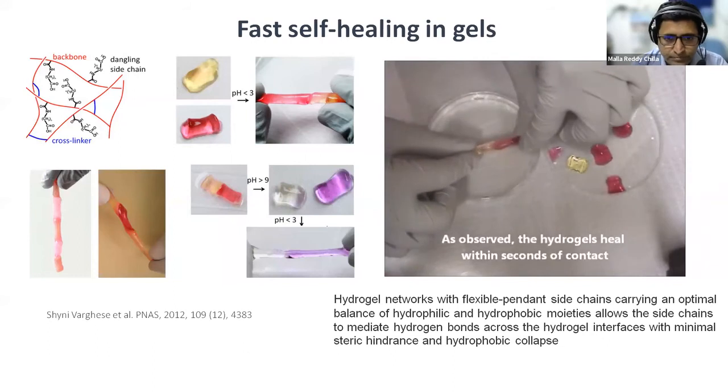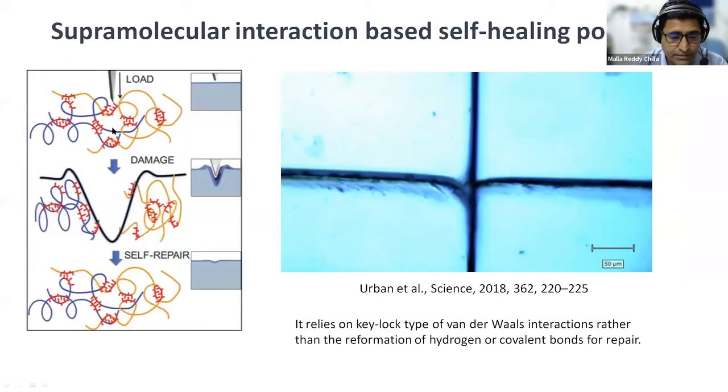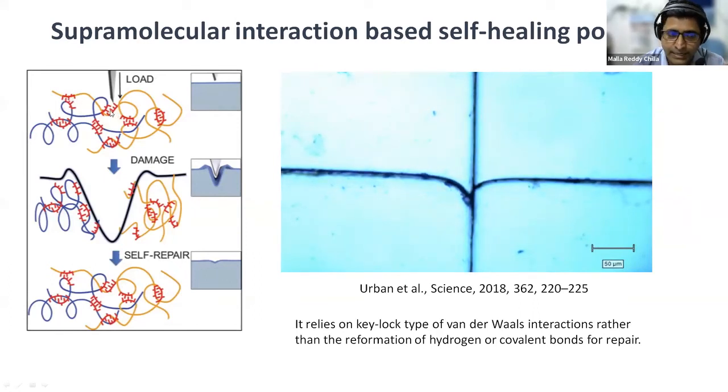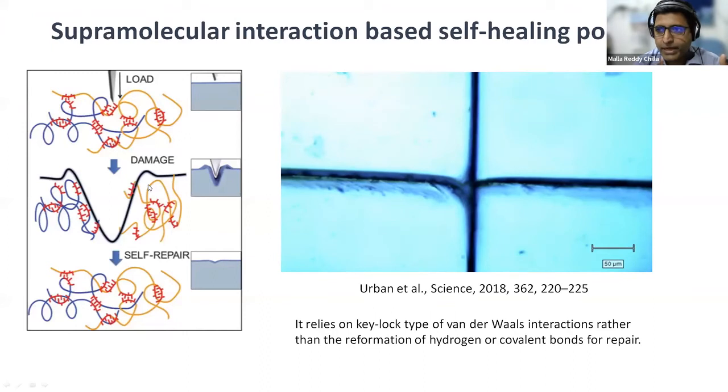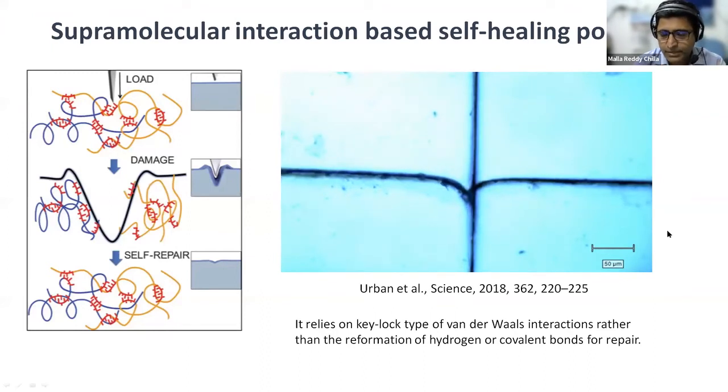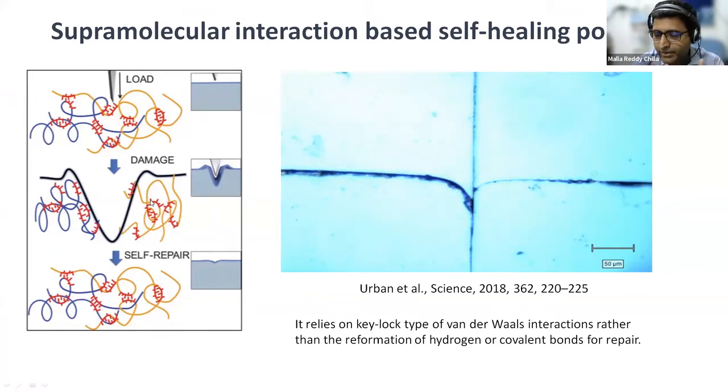And then there are other methods. In polymers, people have also used hydrophobic interactions with complementary lengths, like one is longer than the other, and then you have a longer one again. This gives you a comb-like arrangement, and when you cut a polymer, after some time you see that these polymers come back and pack again because of these van der Waals interactions.